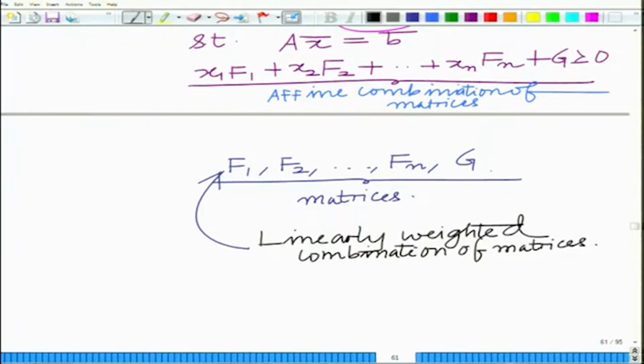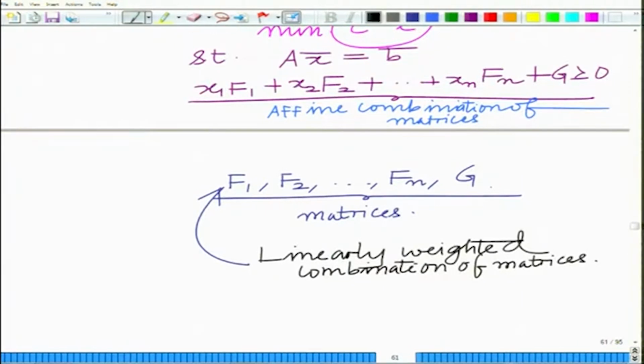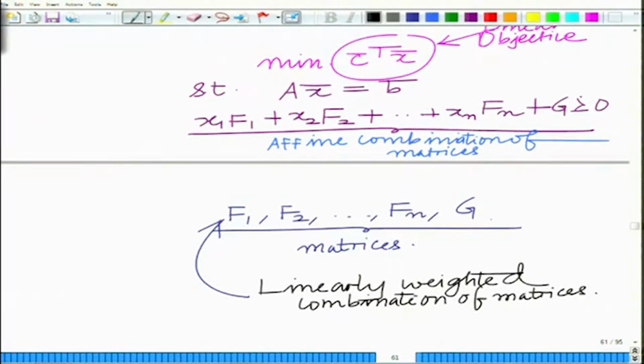And if you look at this inequality here, this is a generalized inequality.